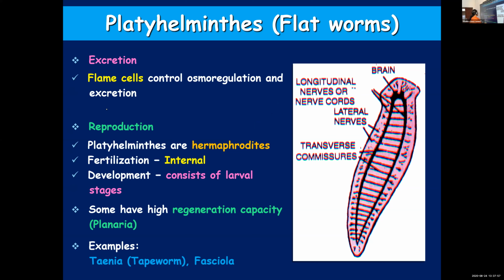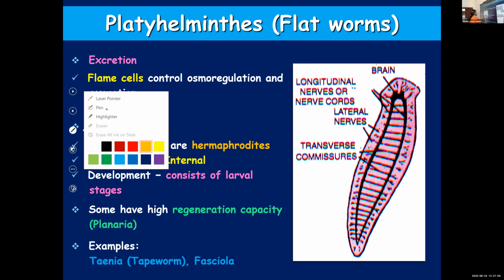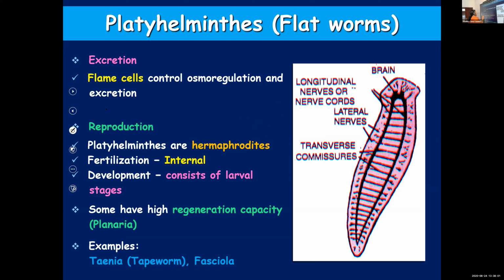Once again, we will quickly summarize the points we discussed in this slide. The first point was about excretion. Excretion is brought about by flame cells. Is only excretion carried out by them? No. Along with excretion, they carry out osmoregulation too. Now reproduction is internal.